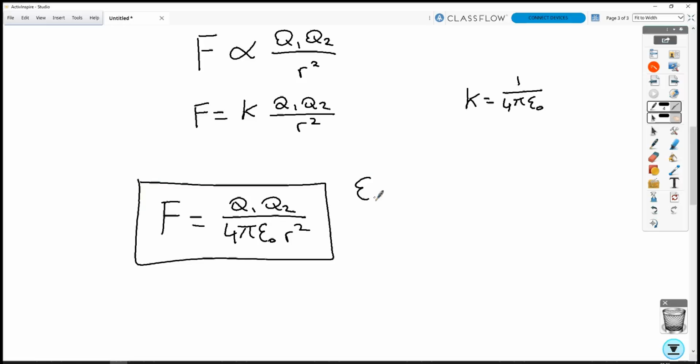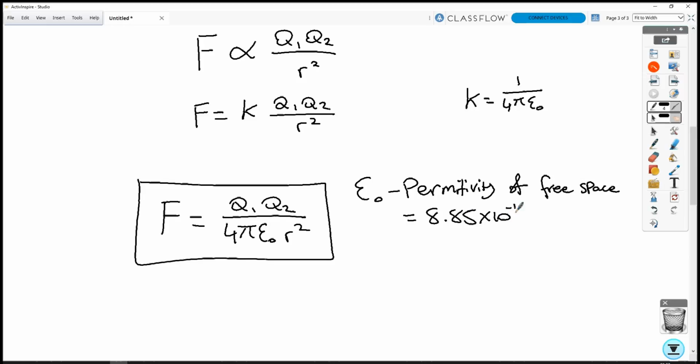Epsilon naught is called the permittivity of free space, which is equal to 8.85 times 10 to the minus 12 farads per meter.